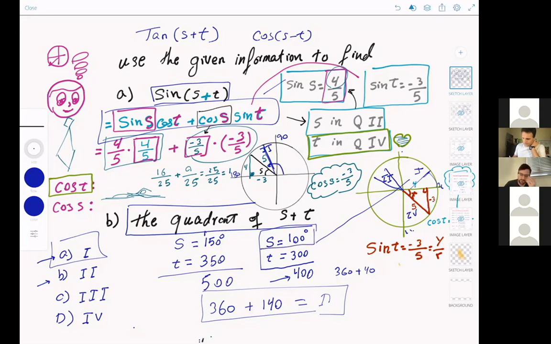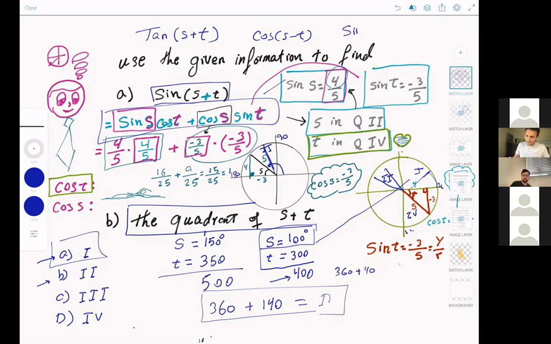Well, we need to do some inverse here to make sure.